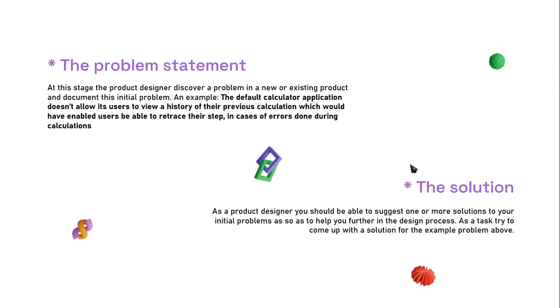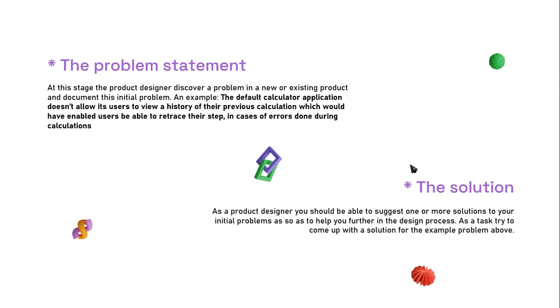At this stage, the product designer discovers a problem in a new or existing product and documents this initial problem. An example would be, let's say you have a default calculator application on your mobile device, and one problem you've noticed is that you can't see the previous calculations you've done.